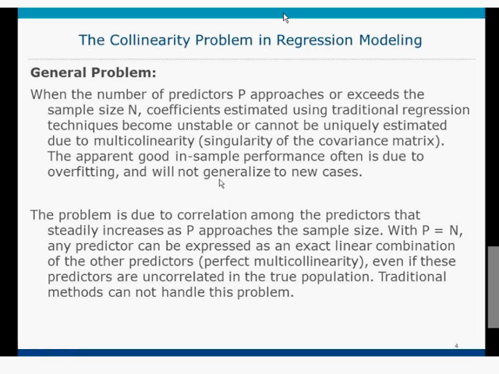You take a sample, though, and as P approaches N, this problem occurs. So any predictor can be expressed as an exact linear combination of the other predictors, even if they're totally independent in the population, if the sample size is equal to the number of predictors. Traditional methods cannot handle this problem.